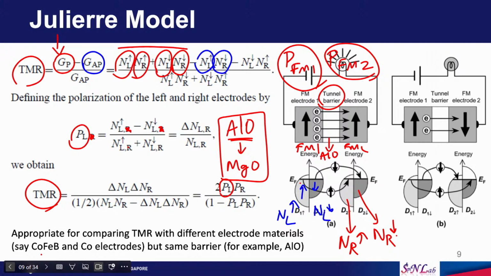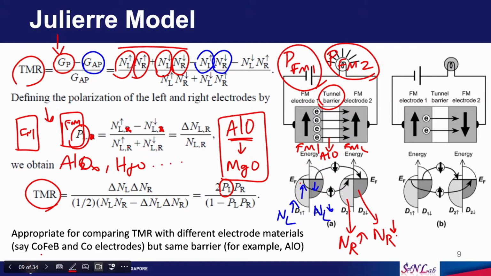For example, if you are studying aluminum oxide, or some hafnium oxide or some oxide as your variable. Let us say you have two identical ferromagnetic layers, but you are inserting various oxides, for example, aluminum oxide, hafnium oxide, some titanium oxide whatsoever.